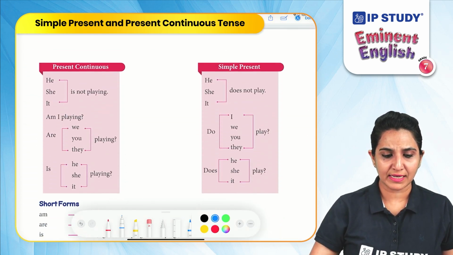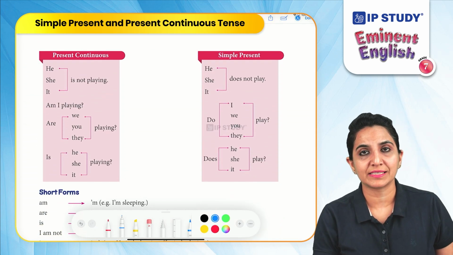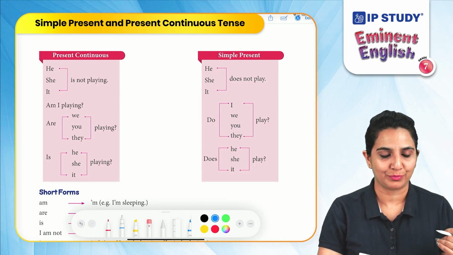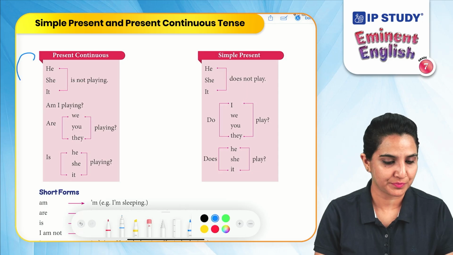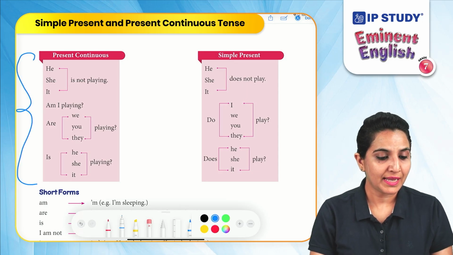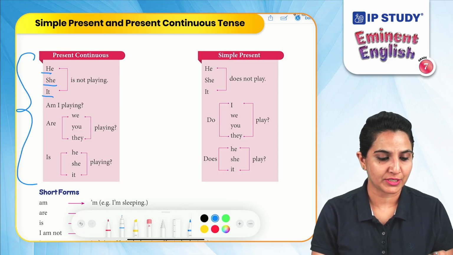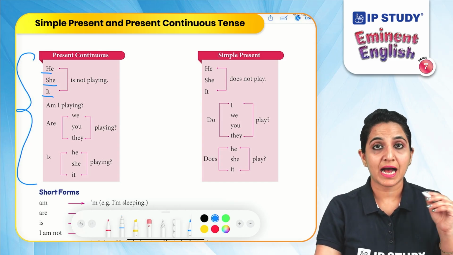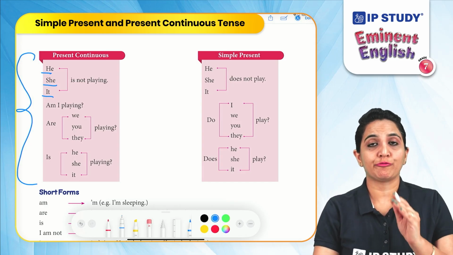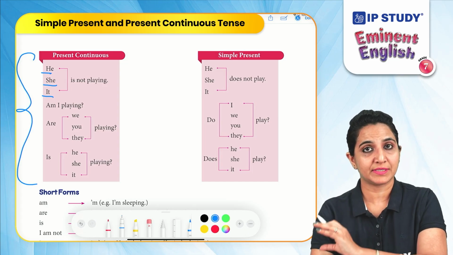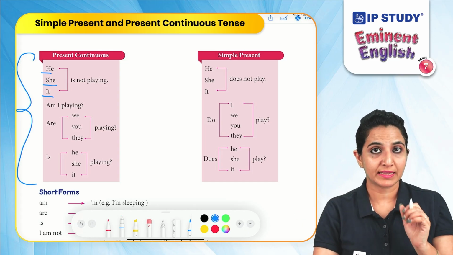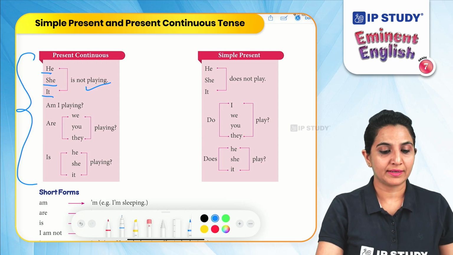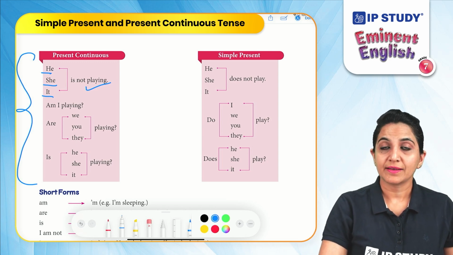Now, let's discuss present continuous and simple present again with few more examples. Present continuous. He, she, it. Now, these are singular nouns, and if we use present continuous tense in negative sentences, they become he is not playing, she is not playing, it is not playing.